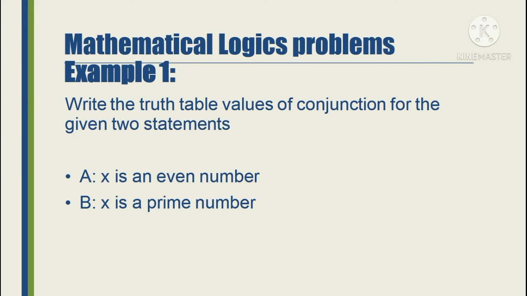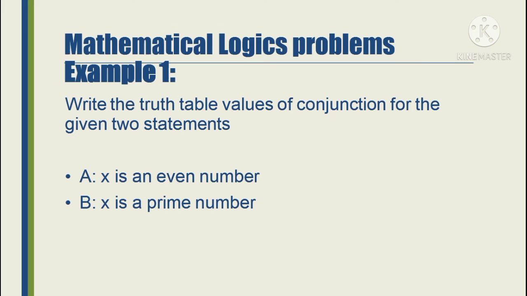So, example 1, direction natin: write the truth table values of conjunction for the given two statements. So, let A, X is an even number. So, ang even number natin ay 2, 4, 6, 8, 12, 16, all numbers divisible by 2.